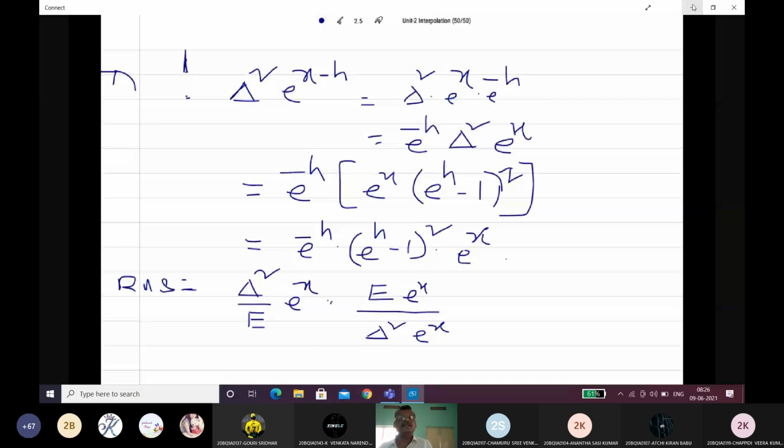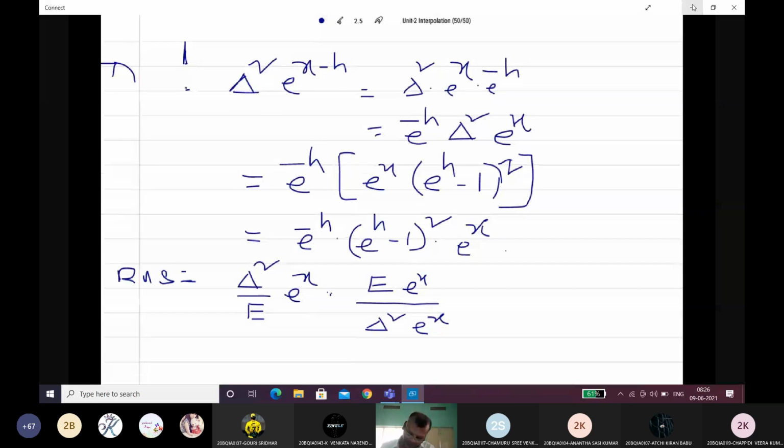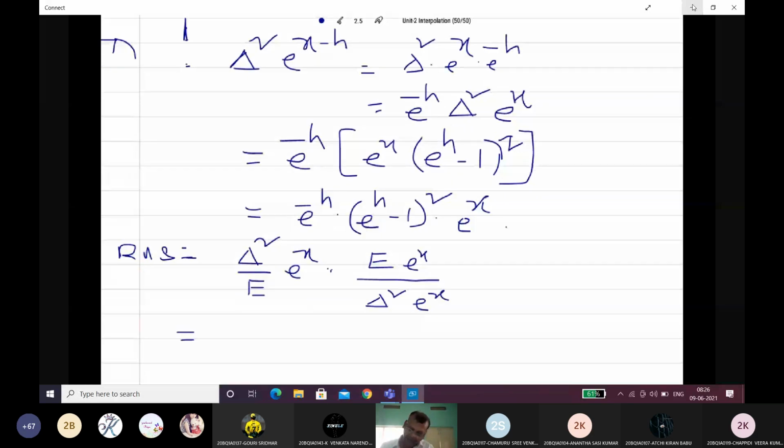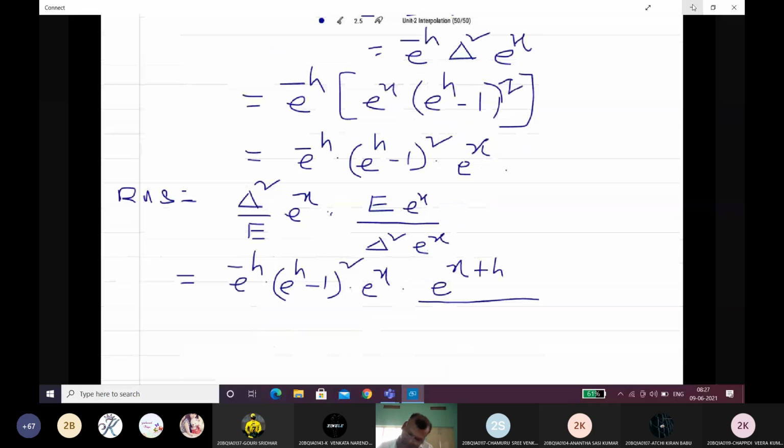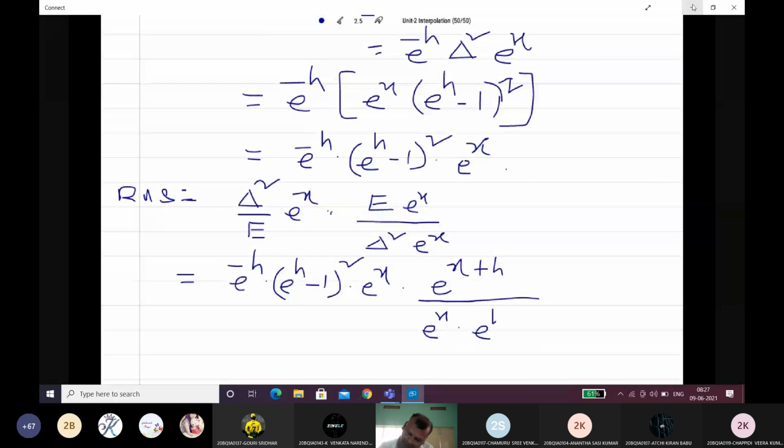Here we have to substitute all these values. That is equal to, what is the first one? E power minus h into e power h minus 1 whole square into e power x. This is the first part, into e of e power x. E of e power x is equal to e power x plus h divided by delta square e power x into e power h minus 1 whole square.